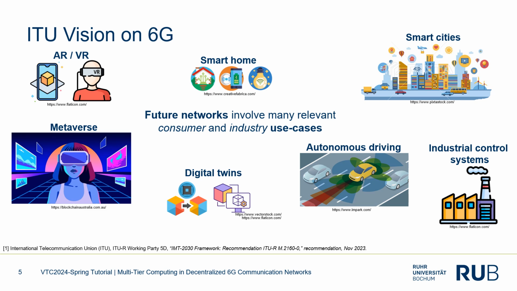And of course, the overarching goal should be that we are bridging the digital divide. That means we are connecting the unconnected and the underconnected areas. The vision also contains enhanced collaboration. That means the goal is to connect people, things, and places.